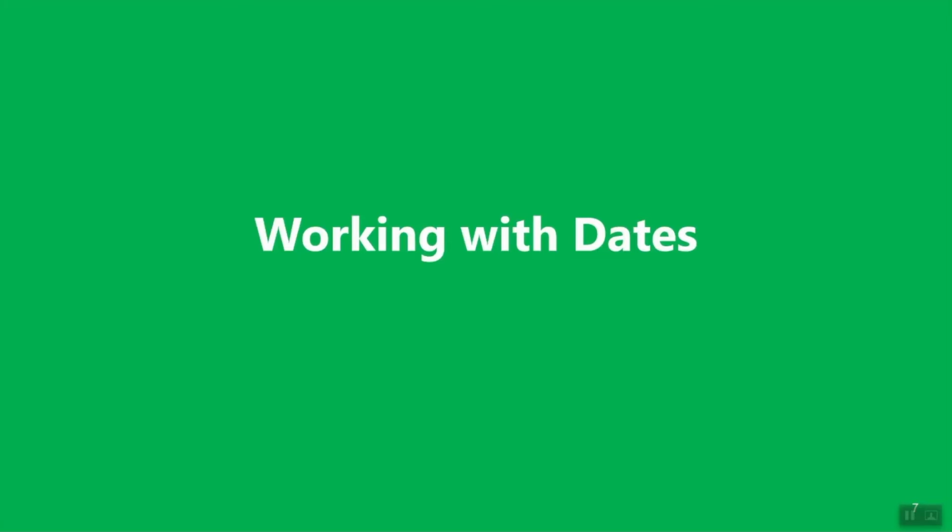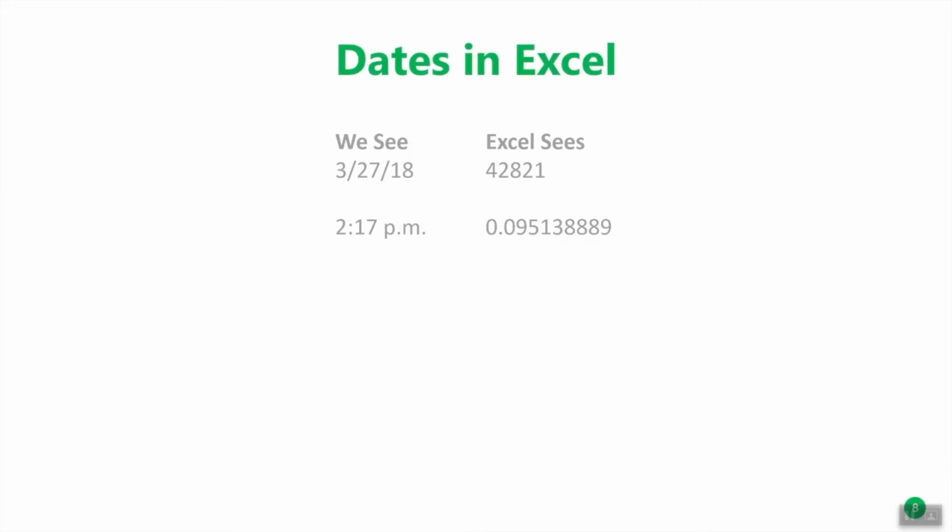It's further complicated by the fact that dates are also days of the week, like a Monday or a Friday, even though Excel doesn't specifically store Mondays and Fridays and other days in the cells. For example, we see March 27th, 2018 and 2:17 p.m. and Excel sees 42821 and 0.0951, etc.